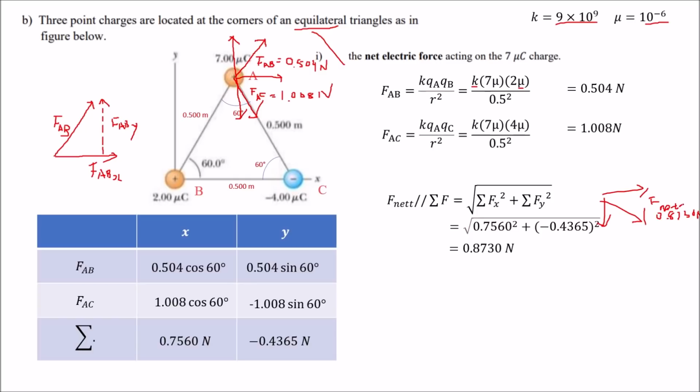And then next we have to determine the angle, because if we don't give any angle, the 0.8730 can be pointing to any side, so we have to be specific and mention the angle. To calculate the angle, inverse tangent of Fy over Fx.